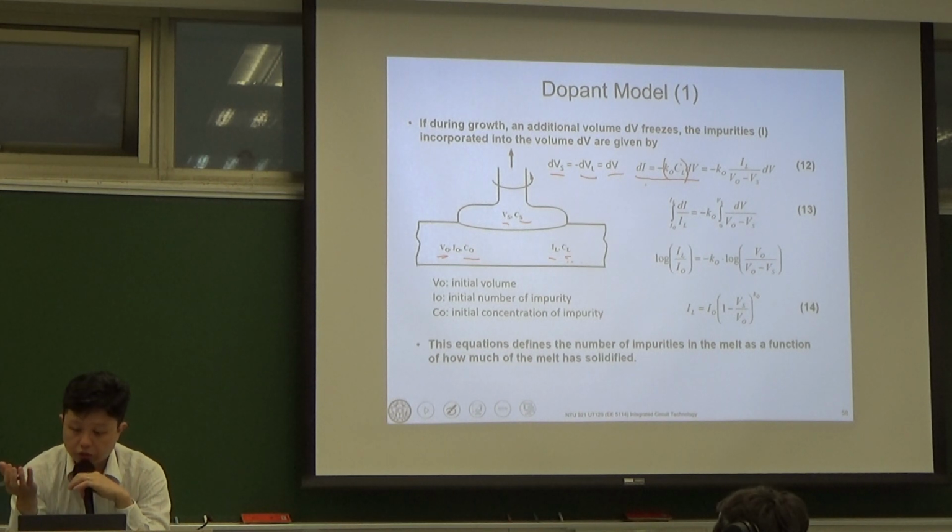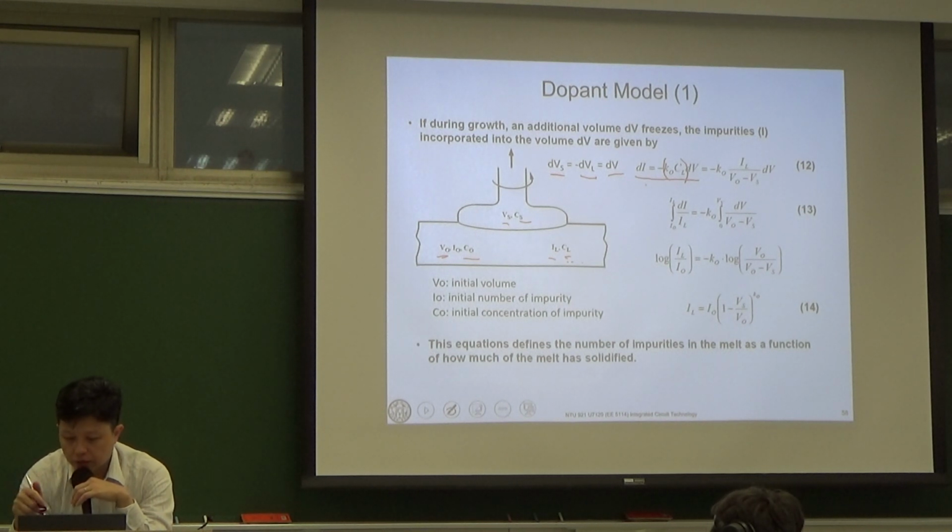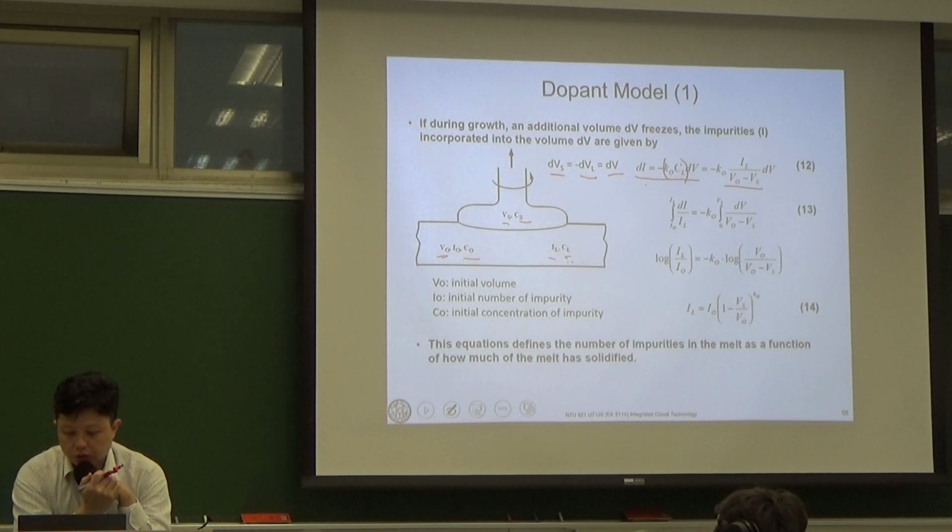Times the volume, you will get a number of impurities, so that's called dI. And then we can write CL as the total impurity number IL divided by V0 minus Vs, which is the initial volume minus the solid volume.